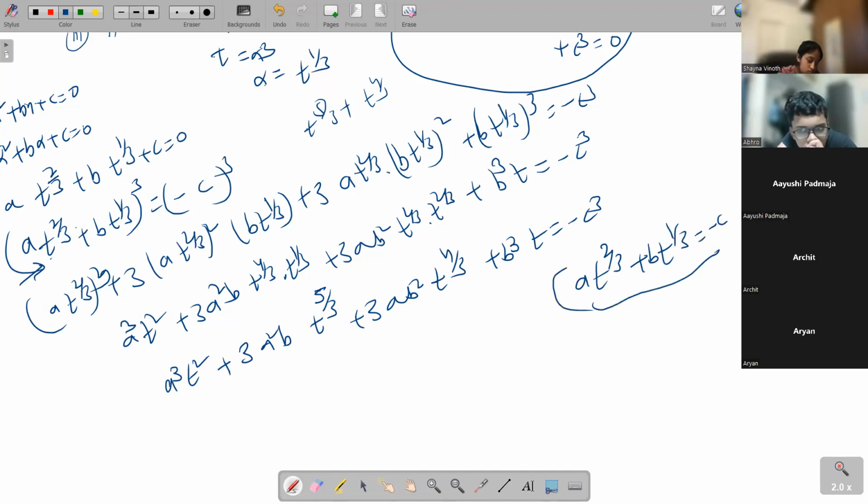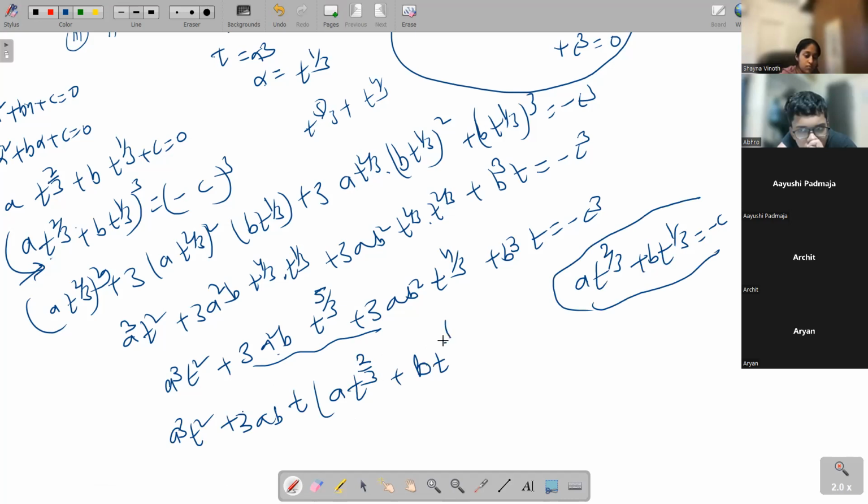We have to use this relation here. So put here a cube t square. Take common from these two terms: 3ab will come common, but we have to take t as well common, so that we'll have a from here and then t raised to 2 by 3, and plus b from here and then t raised to 1 by 3, plus b cube t equal to minus c cube.